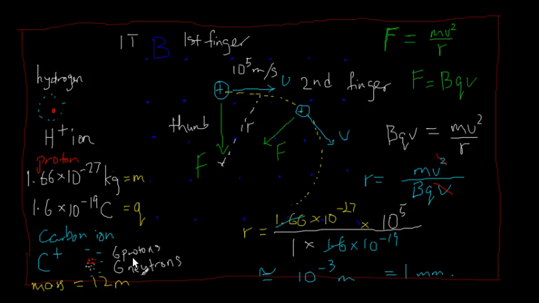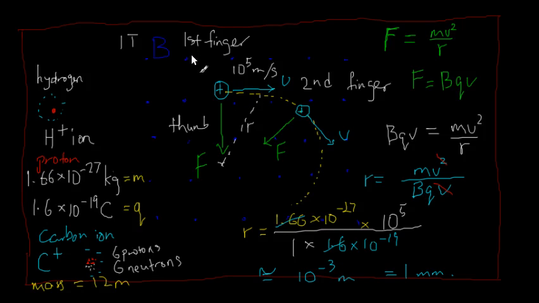The charge of 1 proton still shows up, which gives it the same charge as a hydrogen ion. The only difference, quite a big one, is that I'm now using an ion that is 12 times heavier.